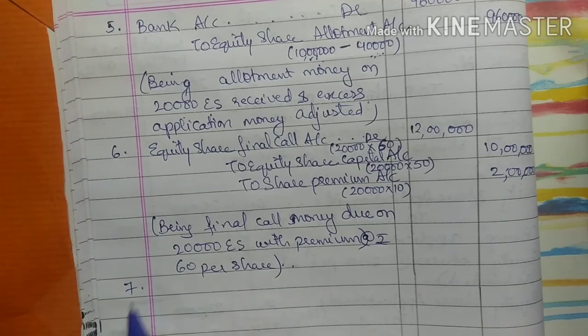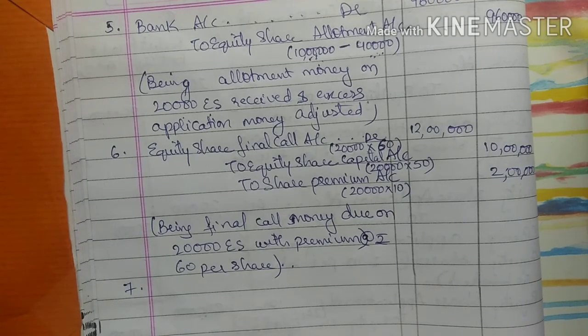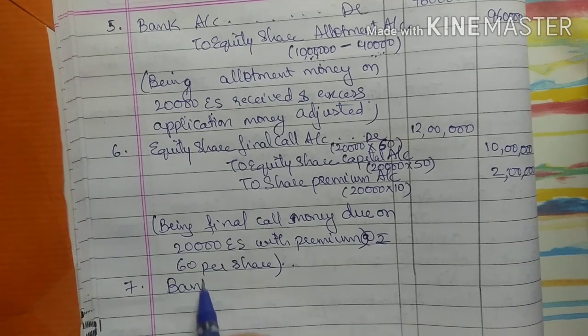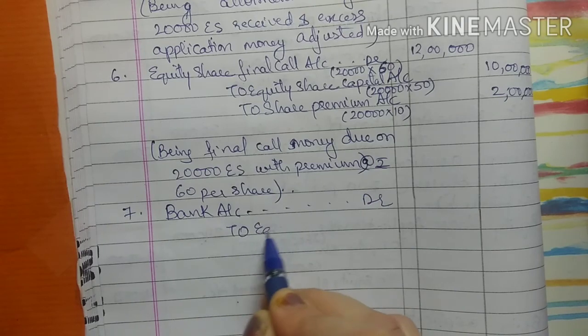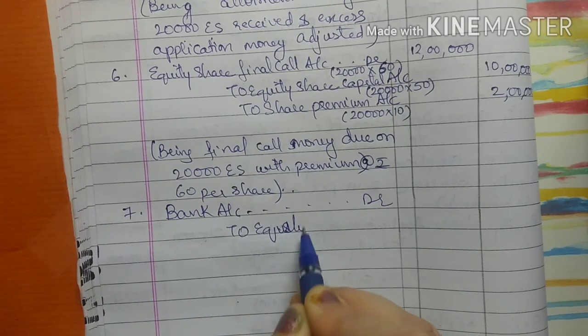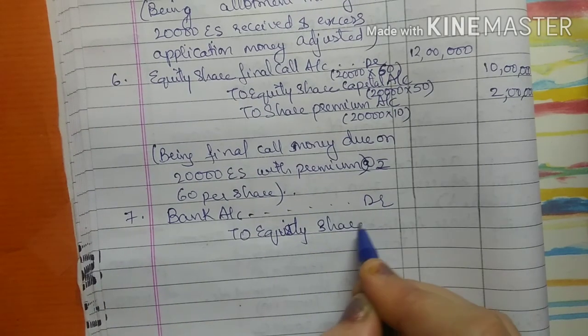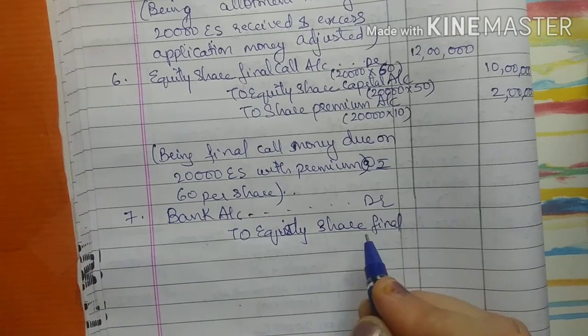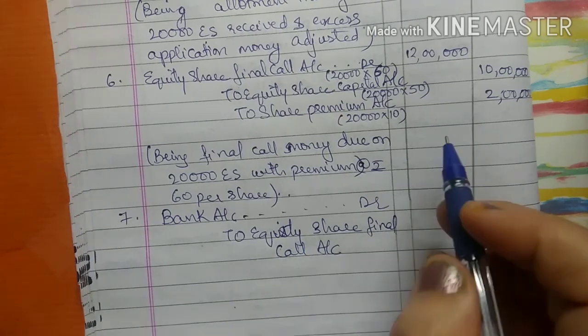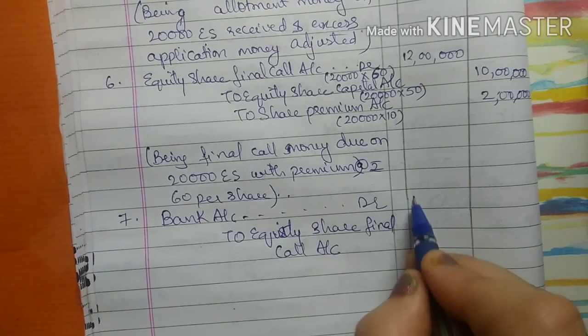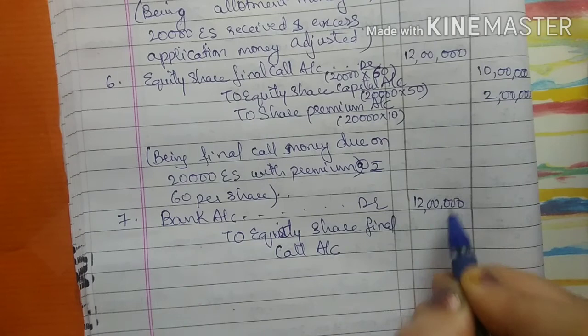Okay, now the next entry, this will be the last entry for your problem, and the last entry will be for receiving the amount, right? So as they have told, all the money has been received. So bank account debit to equity share final call account. How much money was due? It was the full 12 lakh, right?